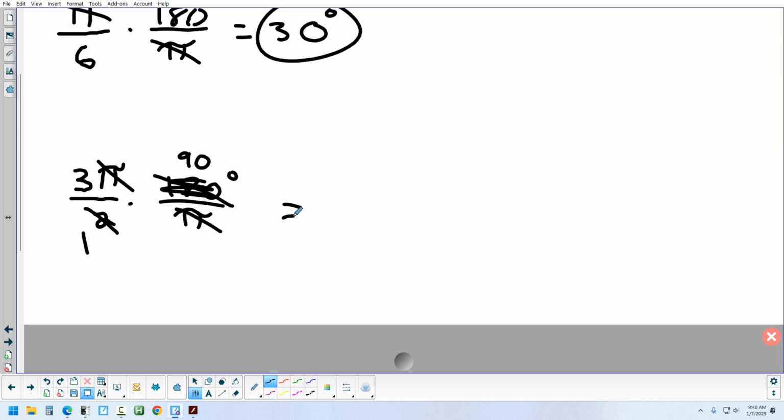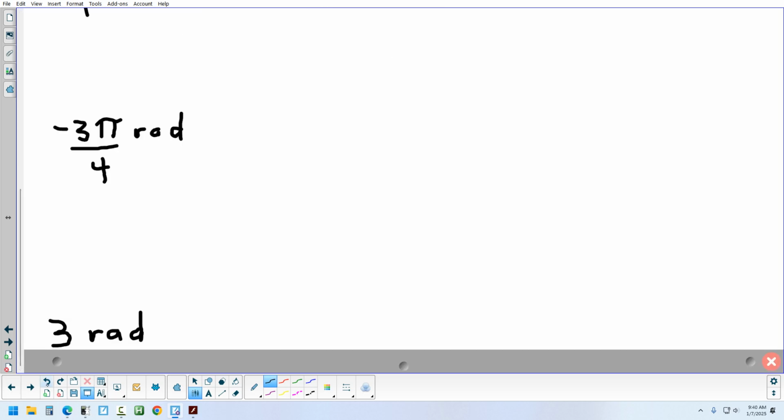What am I left with for my final answer there? 3 times 90 degrees. And what's 3 times 90 degrees? 270 degrees. Okay, so that's how you convert and get an exact answer.